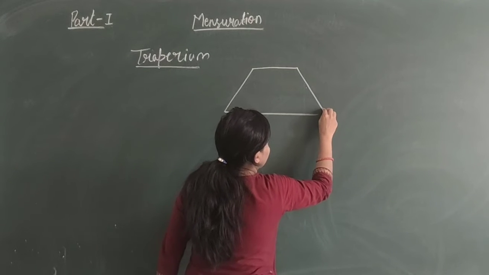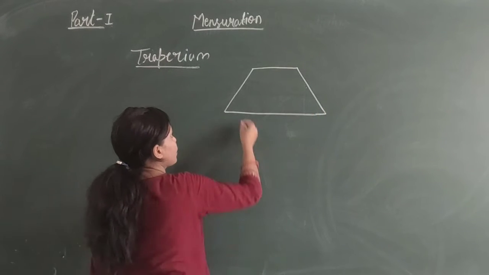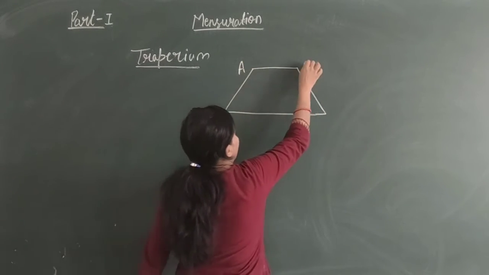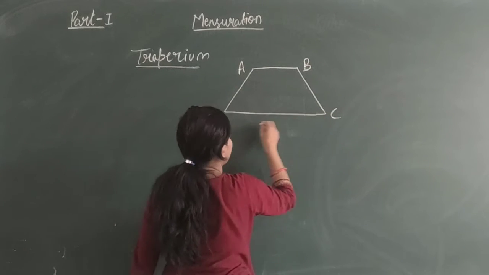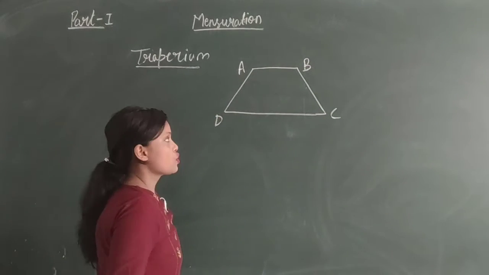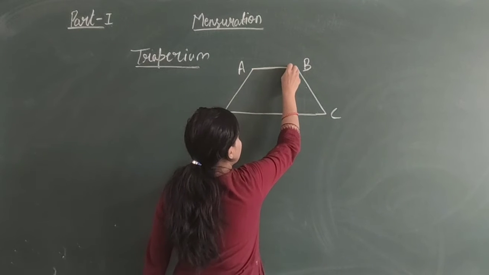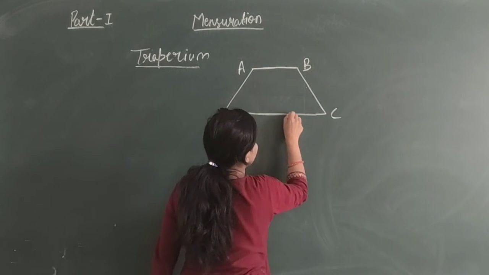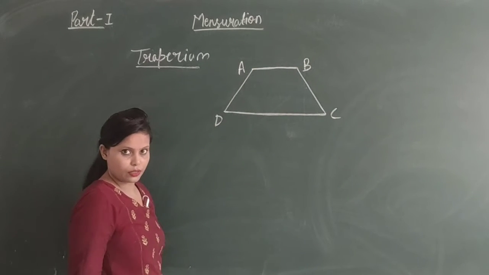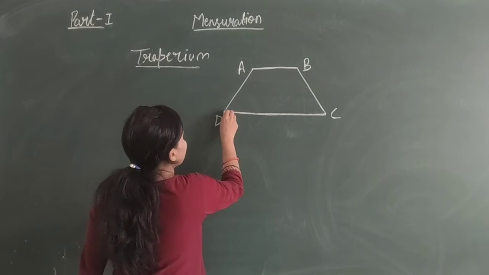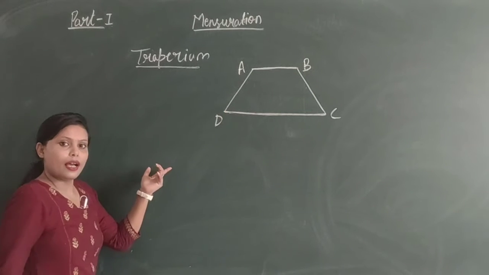If this is the quadrilateral, and we name it A, B, C and D, then sides AB and DC are parallel to each other. Only this property a trapezium has.